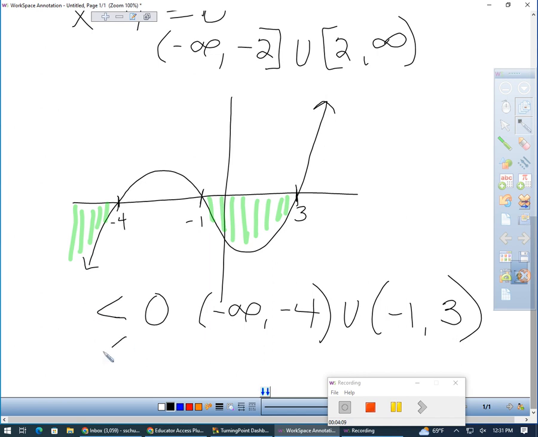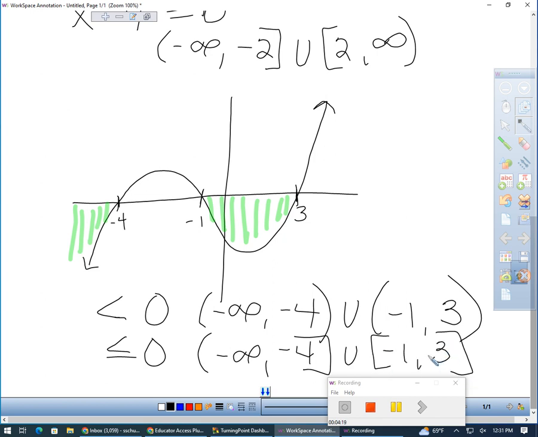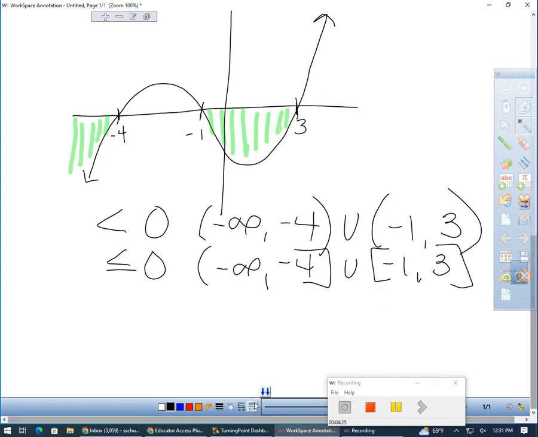Now, if it was less than or equal to 0, we would make negative infinity to negative 4 with a bracket, and of course it would be a bracket here as well, to 3 with a bracket. That is the only difference, having that line underneath. Okay, I'm going to move that up a little bit. So then if I want to switch it and go greater than 0, good, negative 4 to negative 1 and 3 to infinity.